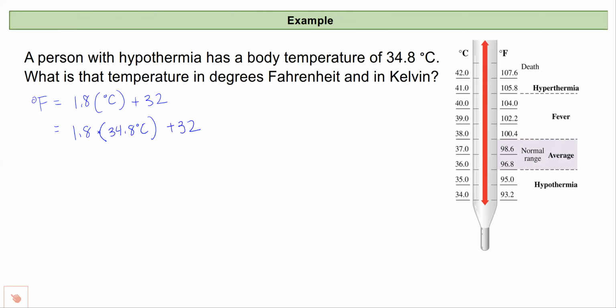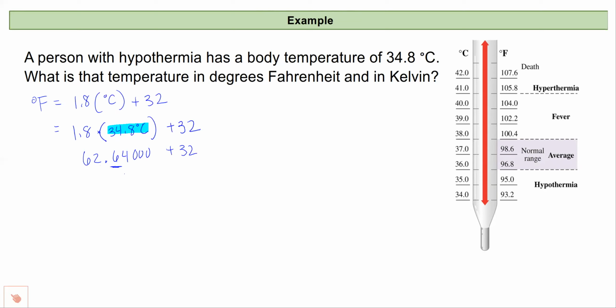My significant figures are going to track with my inexact number, the 34.8. If I start plugging this into my calculator, I'm going to start with the first step, which gives me a value of 62.64000. Now I've got three significant figures, so I'm going to underline the 6, the third digit. That'll be what I base my sig figs on.